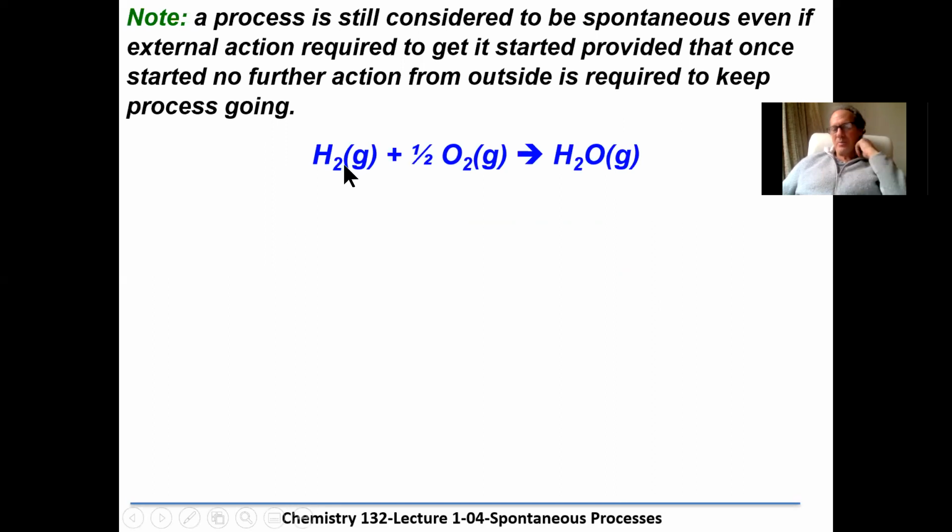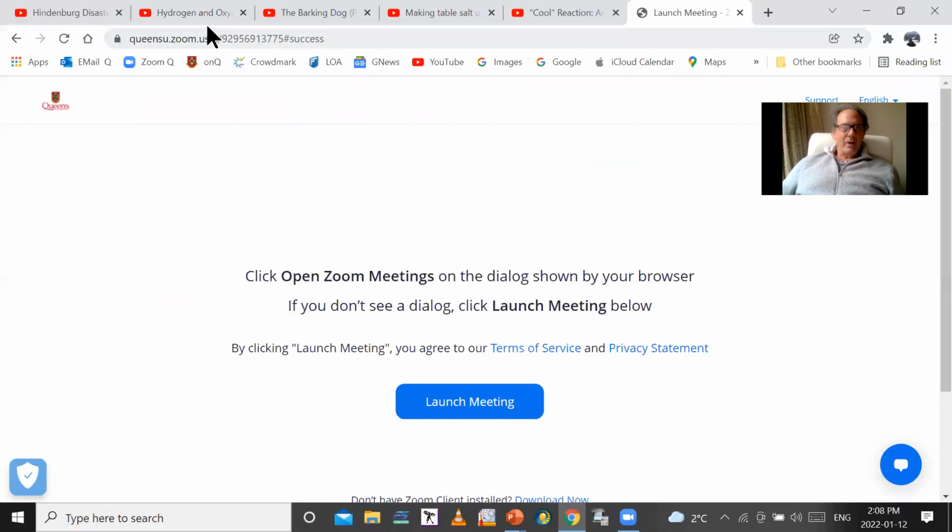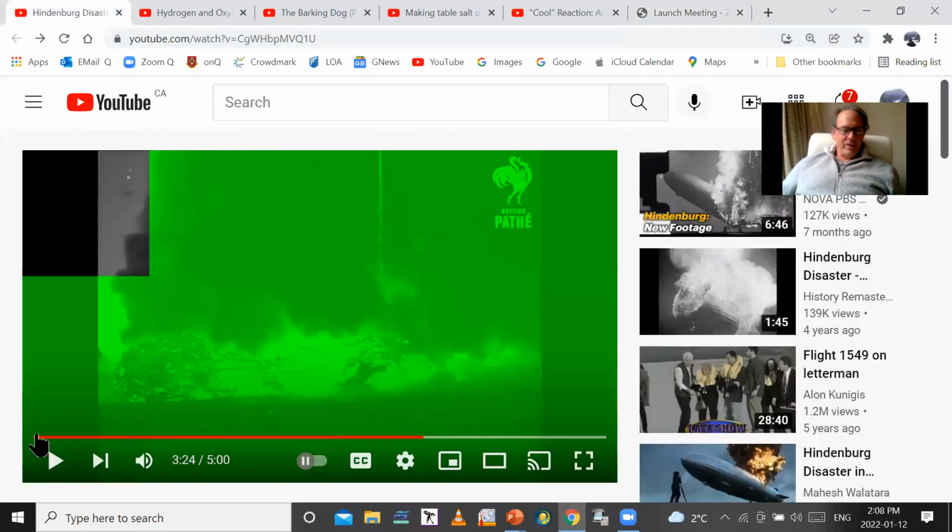An example of a spontaneous change would be hydrogen and oxygen blowing up into water. And if you've ever seen this video, I'm not sure if you have or not, what I'm going to show you here is a little bit of this video.